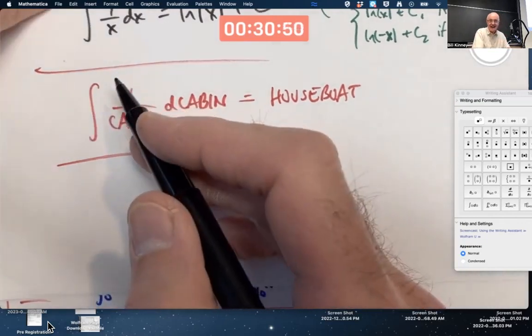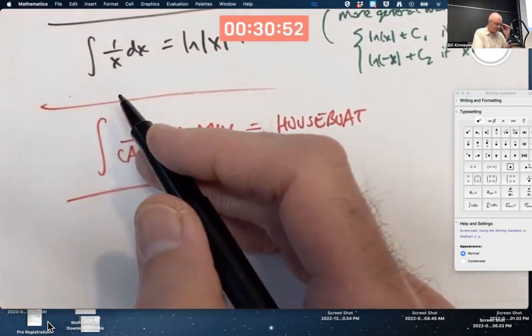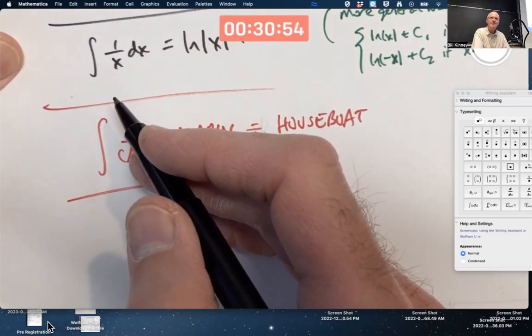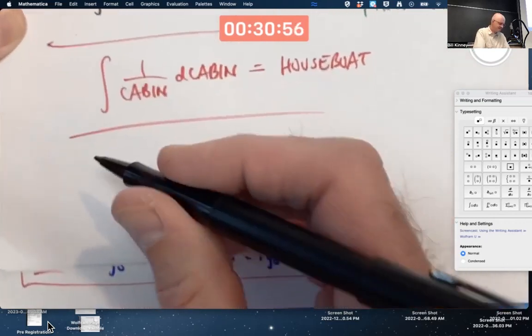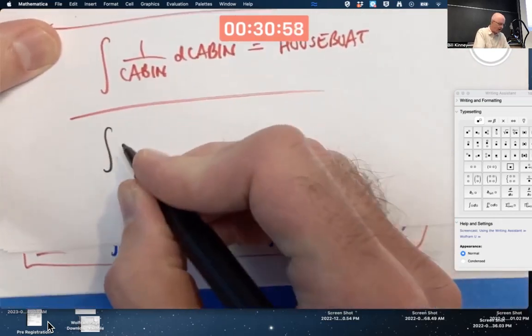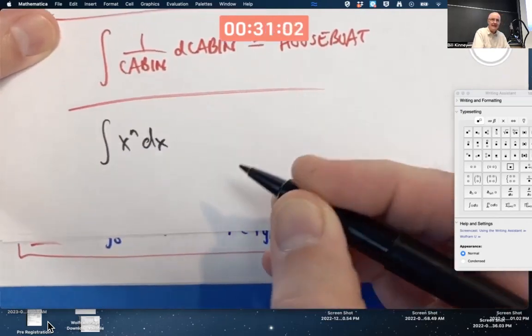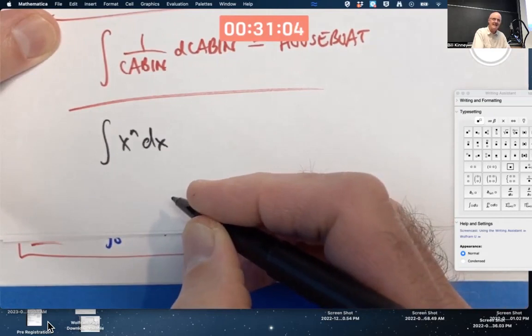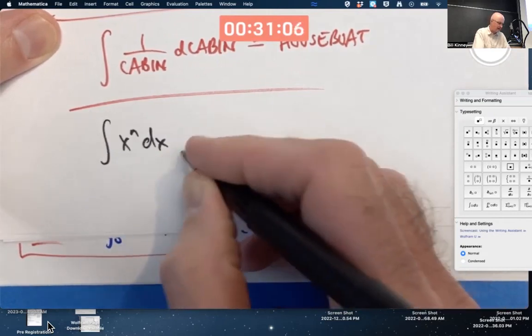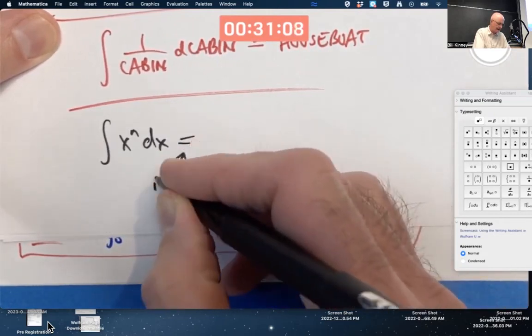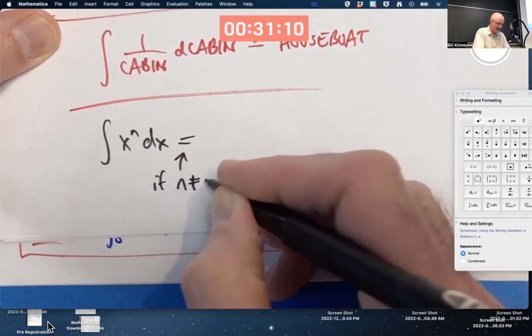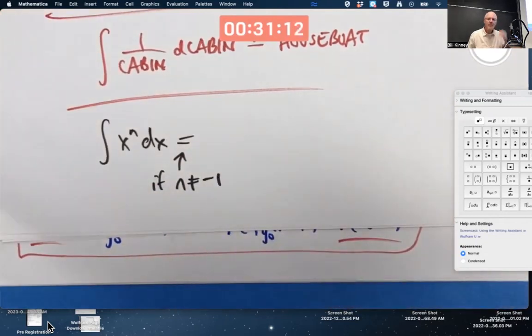1 over x is x to the negative 1 power. I wonder what in general the antiderivative of x to the n power is if n is not negative 1. Let's see.